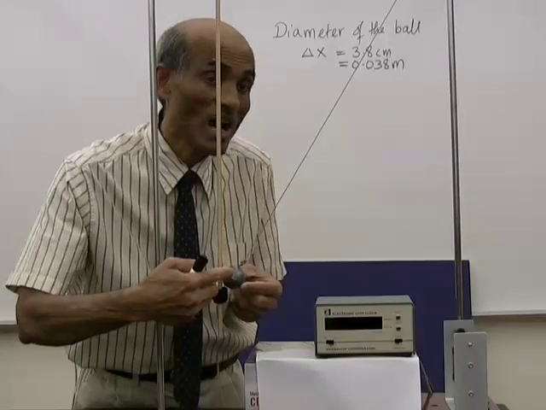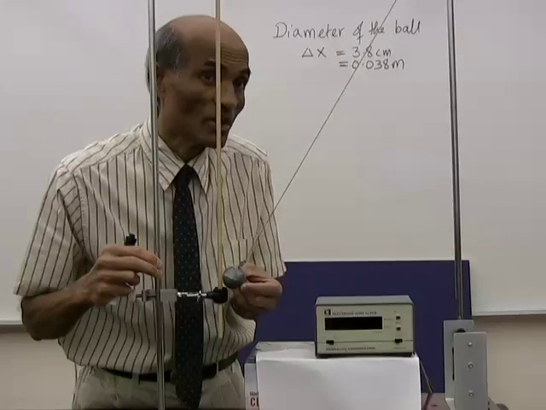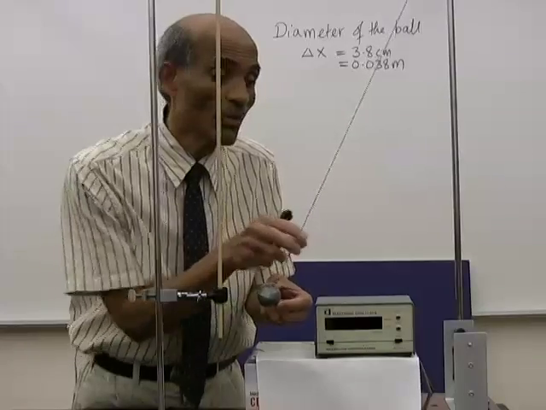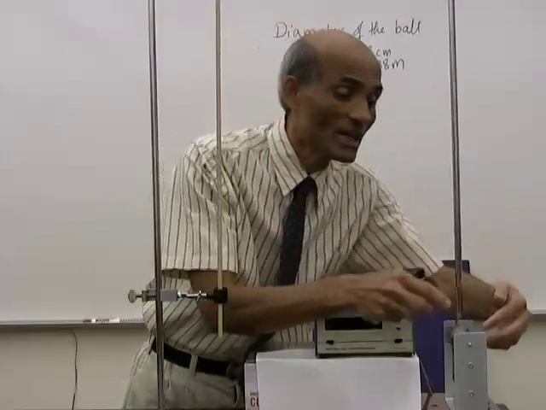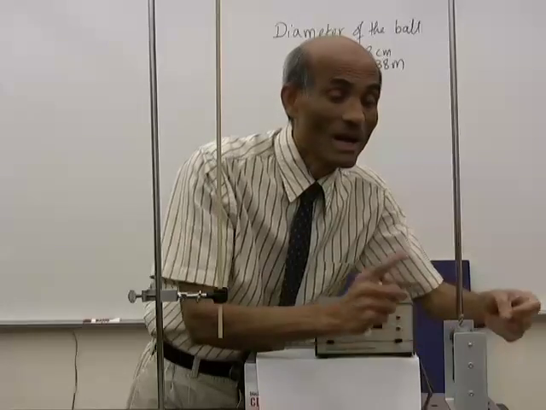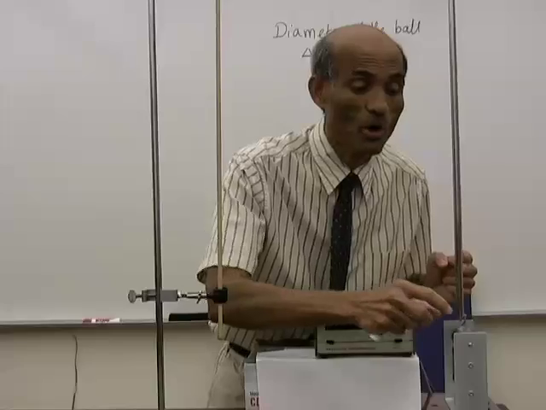So the mass now has potential energy. If you leave this, we would expect that all this potential energy will become kinetic energy when it comes back to the original position. And we can measure the velocity of the ball.